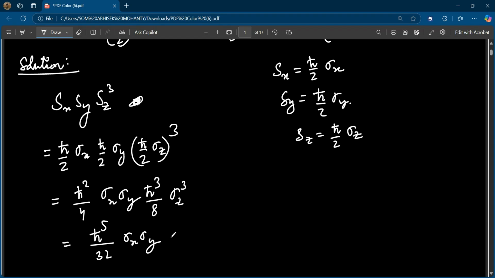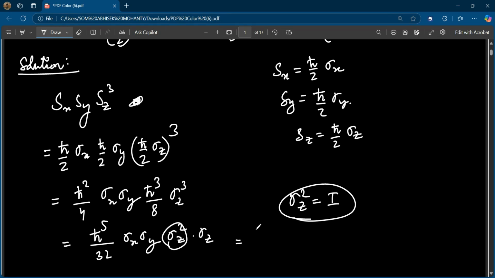Sigma z cube I can write as sigma z square into sigma z, right? And the square of any Pauli matrix is 1, or your unit operator I, correct? So this becomes h cut 5 by 32 sigma x sigma y sigma z. Now we know sigma y sigma z is i sigma x.